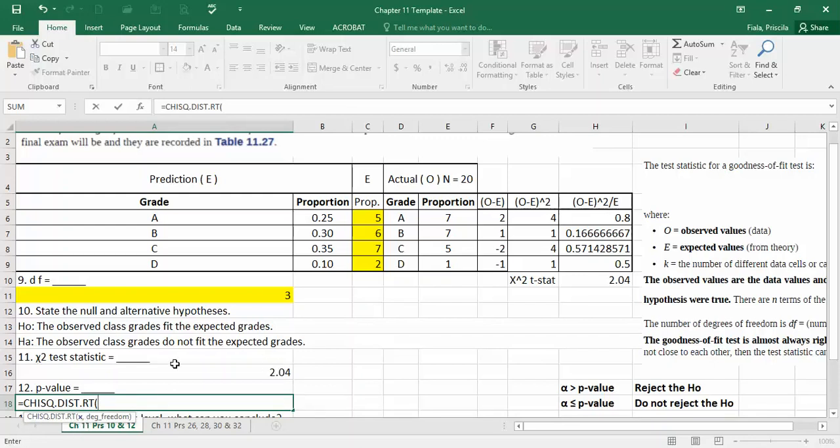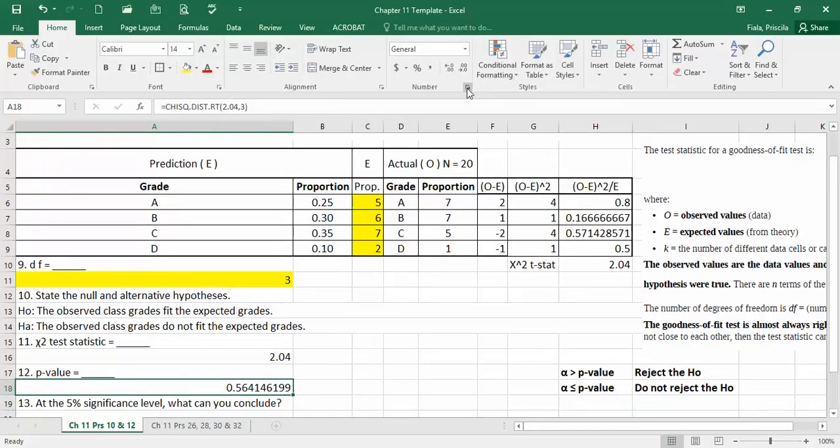They worded it x, but it's my test statistic. You can refer to here, or you could just type. I'm going to type. Remember, if it's negative, you need to make it positive. Okay, so degrees of freedom, what is it? 3, correct? That's why we calculated this. And then you do enter, and this is it.